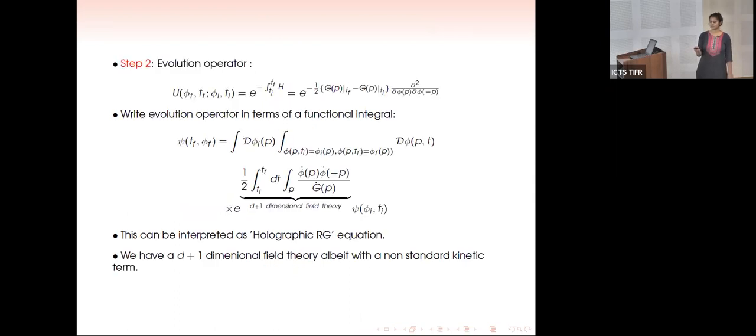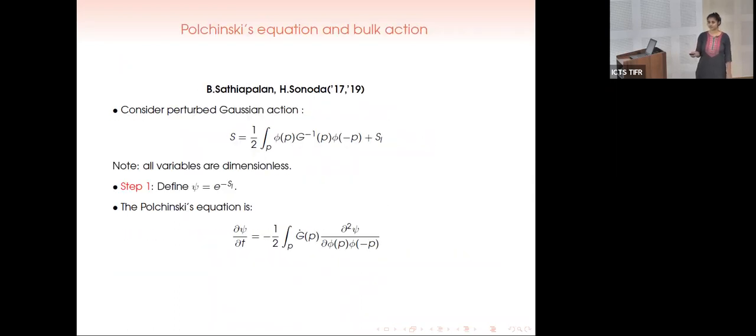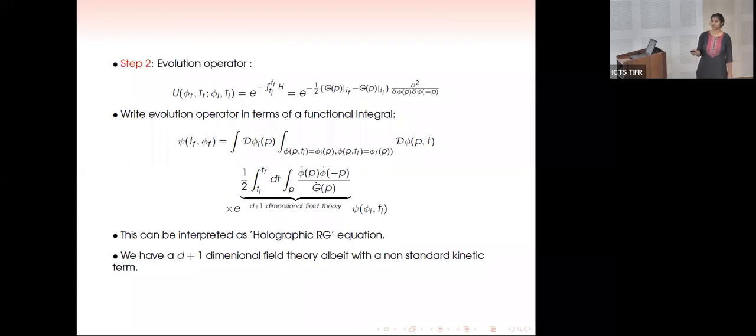Okay. So if you look at this equation, you see this is like a diffusion equation, and then one can write the evolution operator of this equation, which is just the exponential of the integration over H. Now with this evolution operator, one can write in terms of a functional integral the connection between psi of T_i, phi_i and T_f, phi_f, where phi_i and phi_f are the boundary conditions at T_i and T_f. So this is the usual path integral expression.